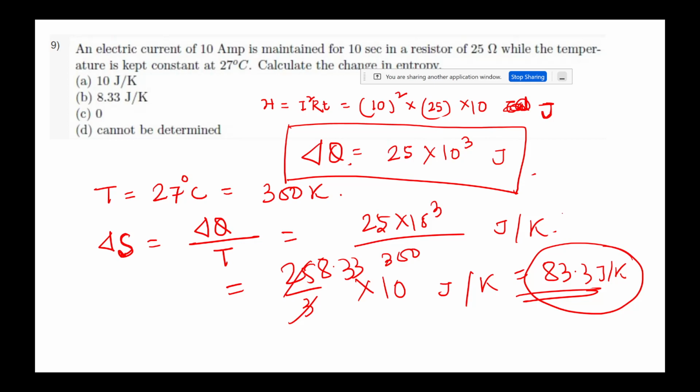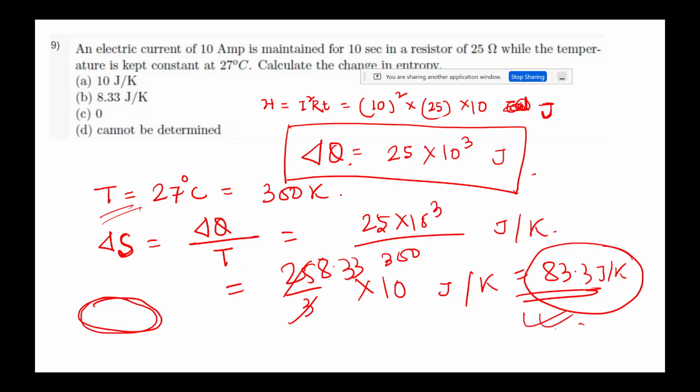Now if they say that the whole system is kept isolated, then the entropy change for the whole system will be 0 because there is no heat exchange. But here some amount of heat is being exchanged at this temperature. So that should be just delta Q divided by T, and that should be this.